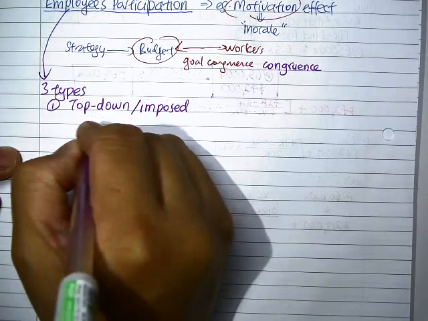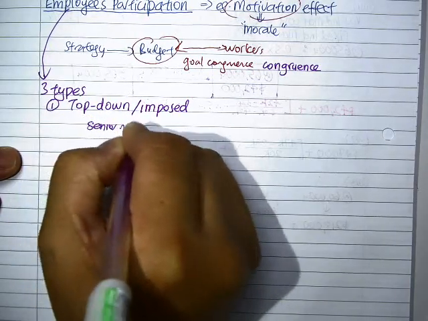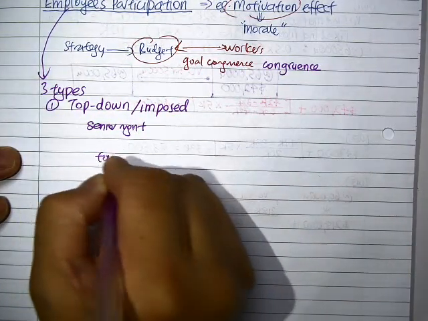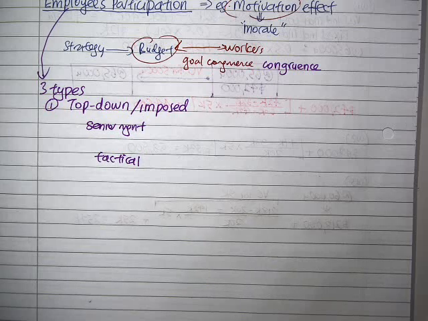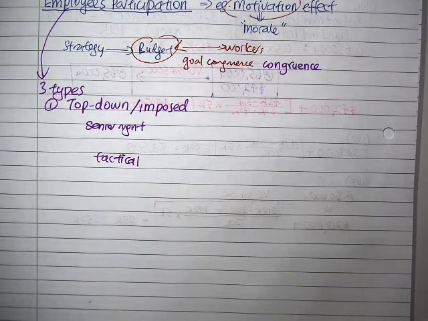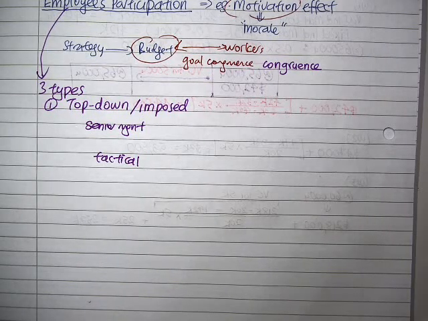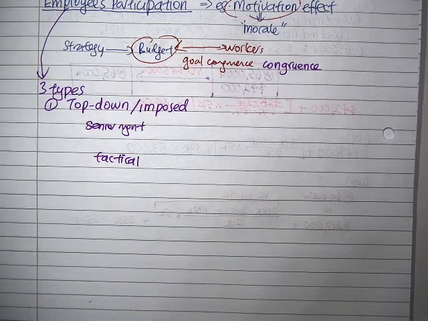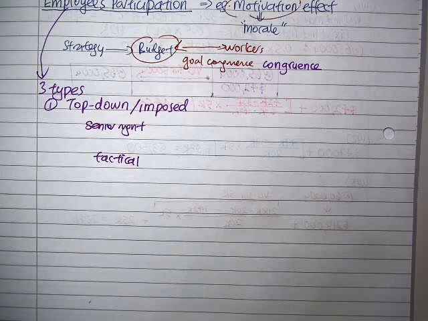So these are the senior management, and this could be the tactical level. Normally budget is more between the senior management and the tactical level. At the operational level, you don't ask the factory worker, you ask the manager. So we are looking at the strategic level and the tactical level.